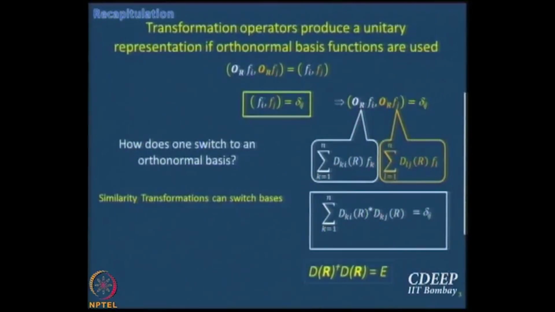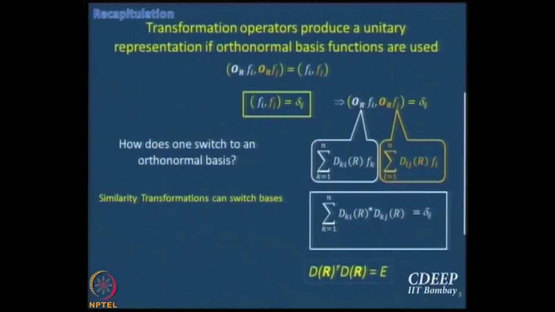This is something that we have discussed earlier already, and we reminded ourselves yesterday as well. When you use an orthonormal basis function, then you get a unitary representation, unitary matrices, right. Now the question is, how do I switch to an orthonormal basis?